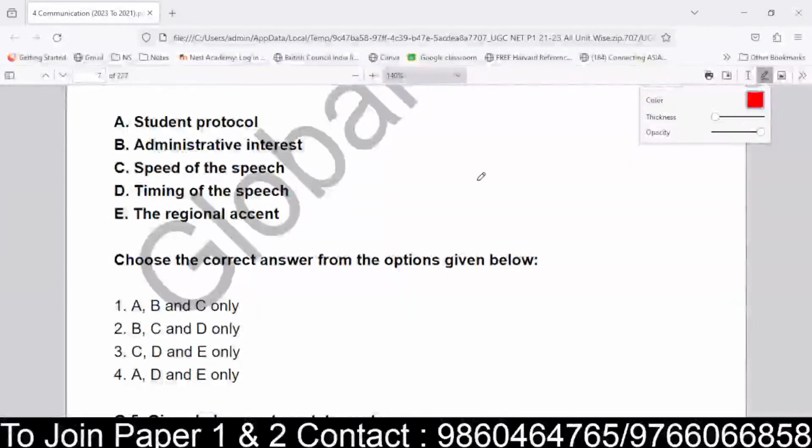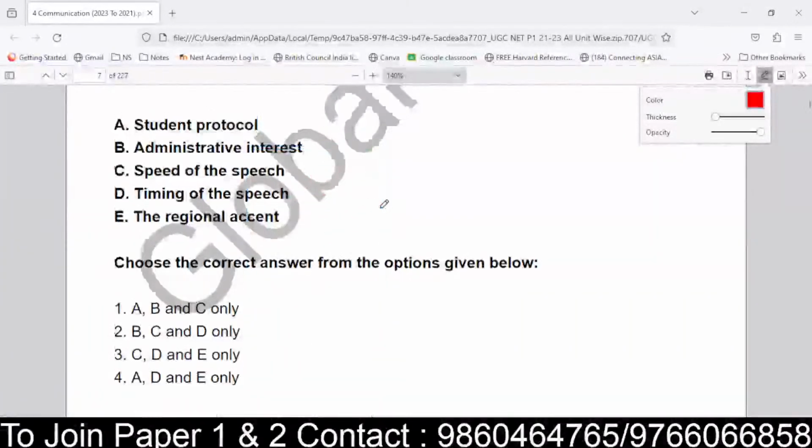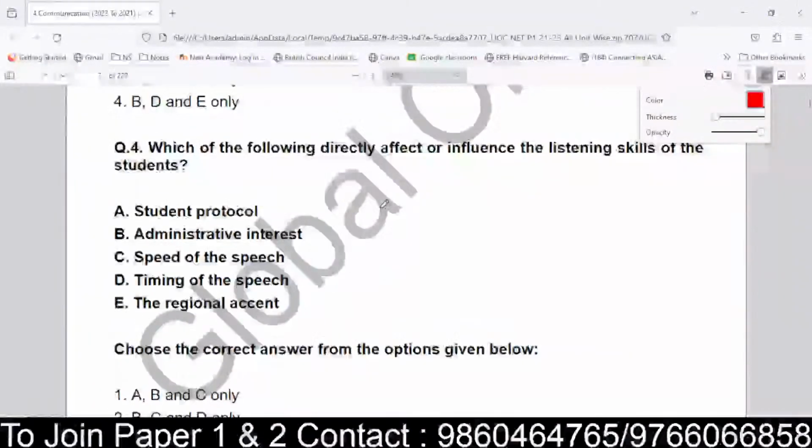If you see, option C, that is your speed, yes, your timing of the speech and the regional accent. So these are the statements which will have the influence on listening skills: the speed, the timing and the accent, right? Okay, any doubt, any concern?